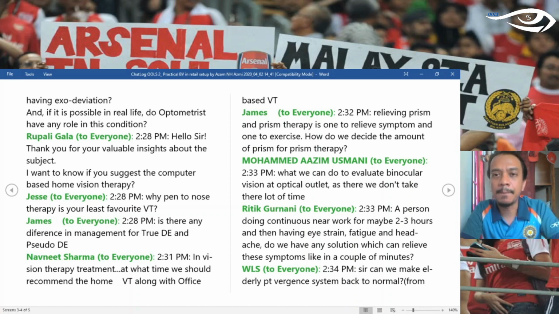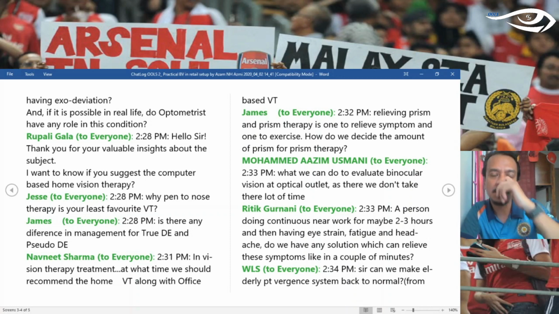Okay, so let's say this is a typical condition for convergence excess, convergence insufficiency, accommodation excess and accommodation insufficiency problems. Typical symptoms for those who have this problem.